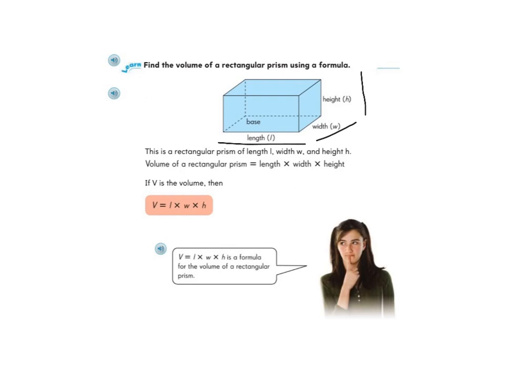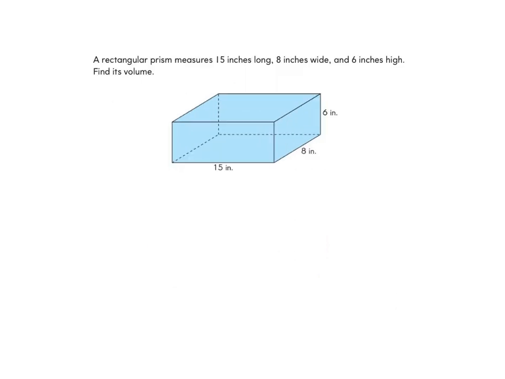And so the formula that we're going to be using is volume equals length, that's the L, times width, that's the W, times h, which is the height. So you're going to need to be able to identify the length, the width, and the height of a rectangular prism in order to calculate that volume.